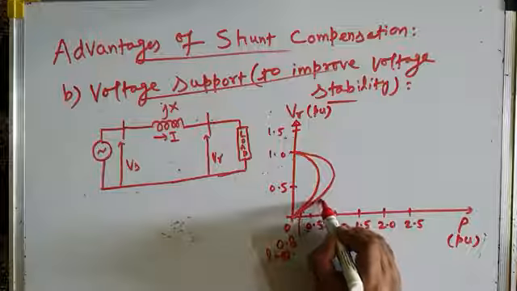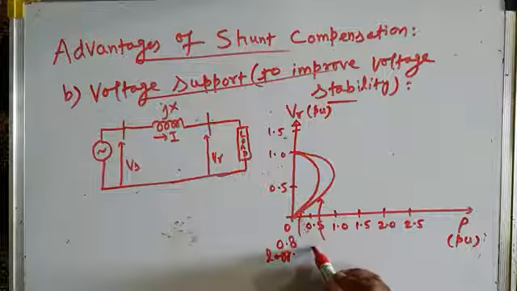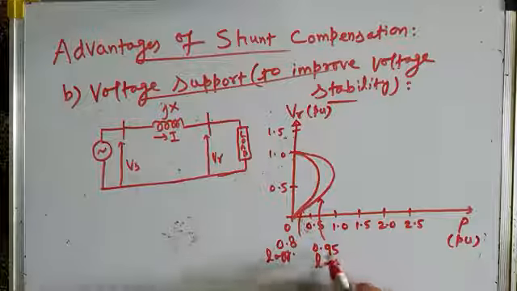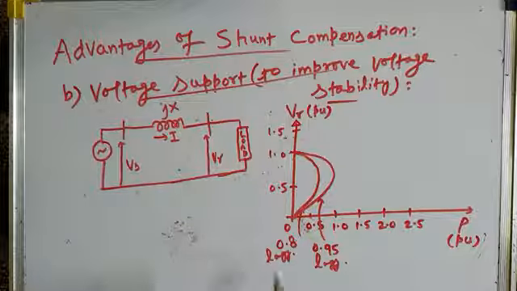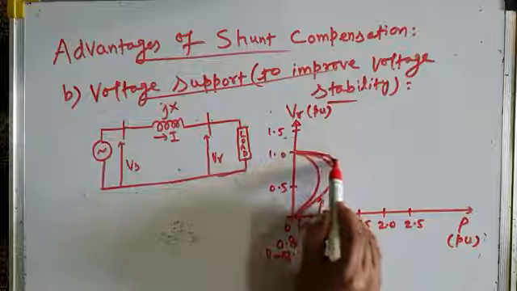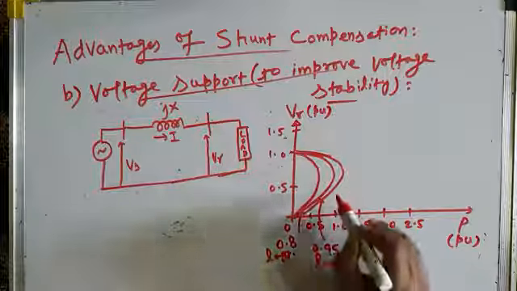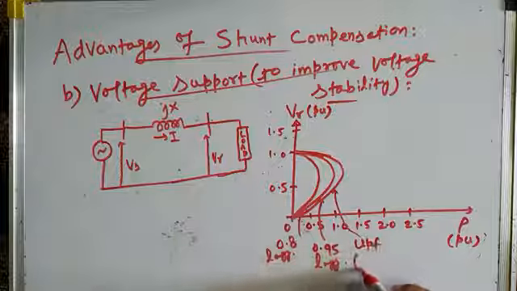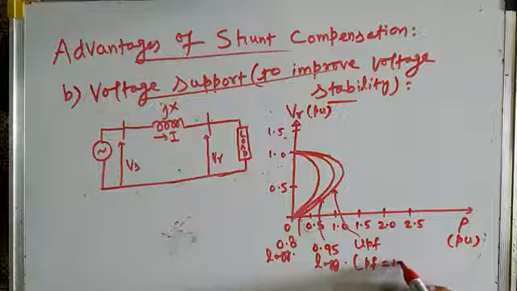This is for a power factor of 0.95 lag. Again, lagging power factor, but improved power factor, 0.8 to 0.95 improvement. And then the next curve is, for example, for unity power factor. This is unity power factor, UPF. UPF means power factor equal to 1.